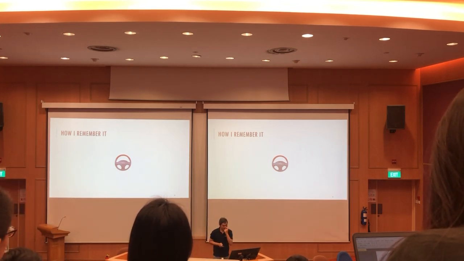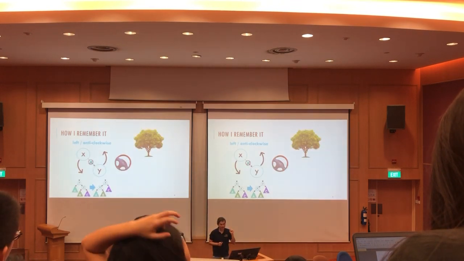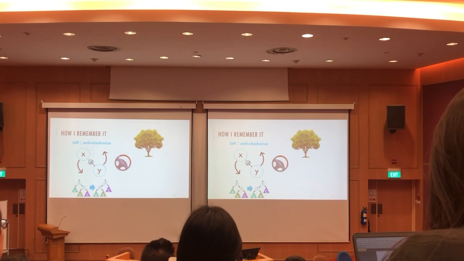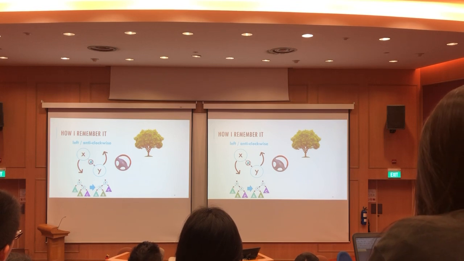So we've animated this. Imagine this is the situation. Your tree, in this case, is right heavy, so your wheel is pointing this way. You're going to hit that tree, so you need to correct it.